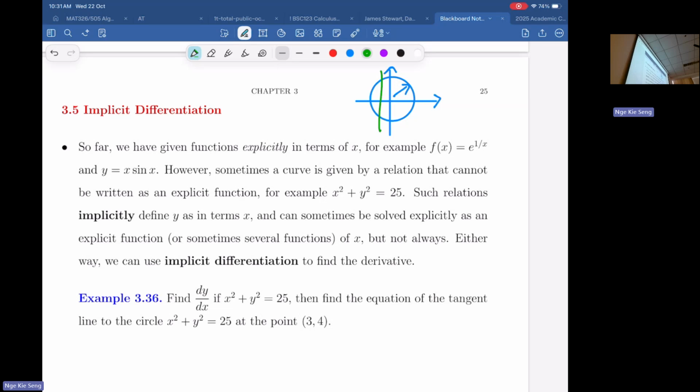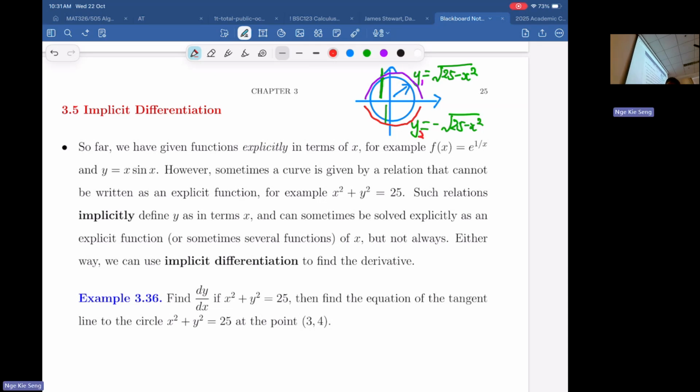Then the vertical line test will be fine. The upper semicircle is y equals square root of 25 minus x squared, and the bottom one is y equals minus square root of 25 minus x squared. Let's say this is y1, and the other one is y2.